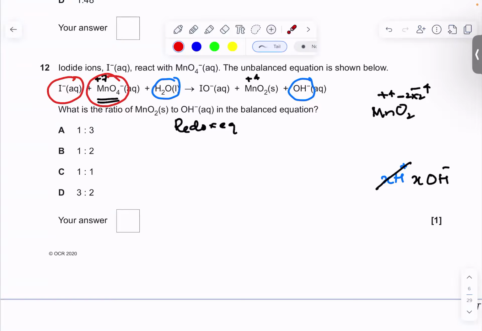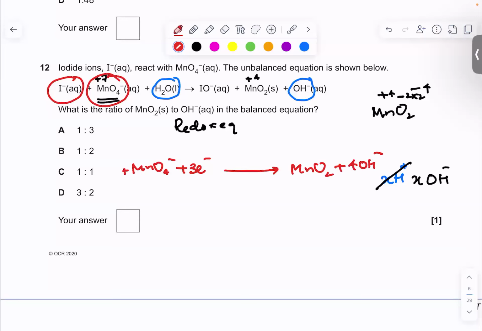So you will write MnO4 negative plus 3 electrons changes into MnO2, and then plus 4 OH minus. Well done.